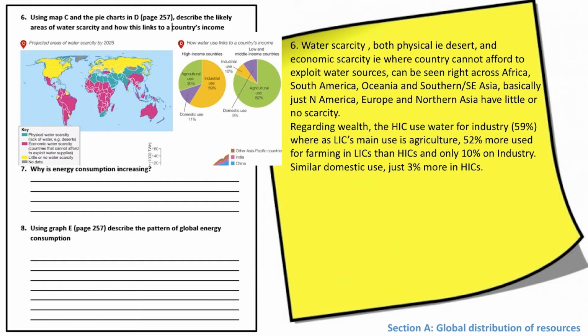So in LICs and MICs it's 8%, whereas in HICs it's 11% in domestic use. However, if you think about our own homes and the way that we use water, dishwashers, washing machines, etc., we get more out of our water. They're highly efficient and they require less labour time, which frees us up to work and to do more things. So that gives some idea as to how it's going to have an impact on income.